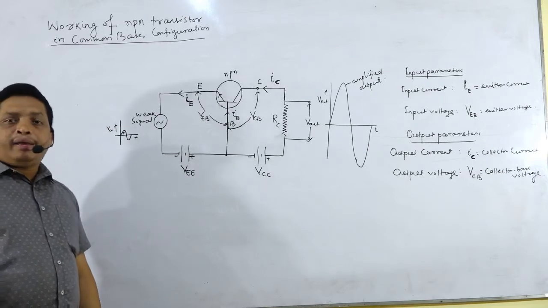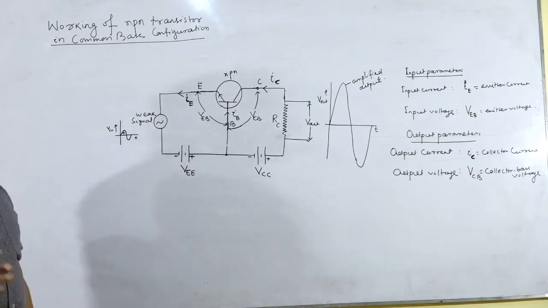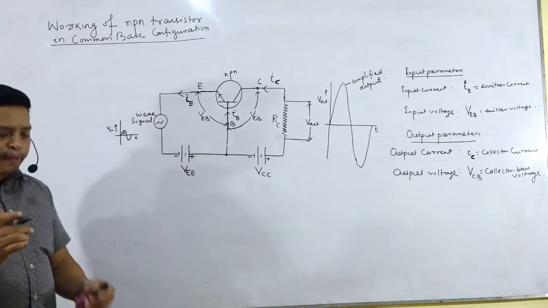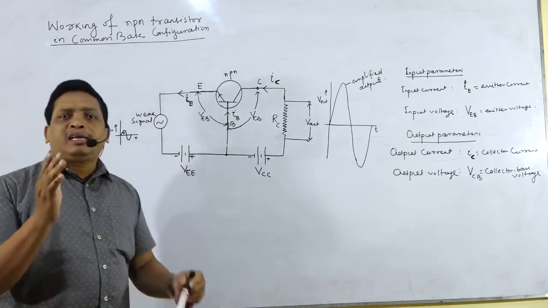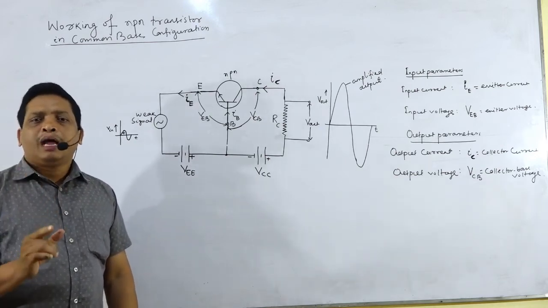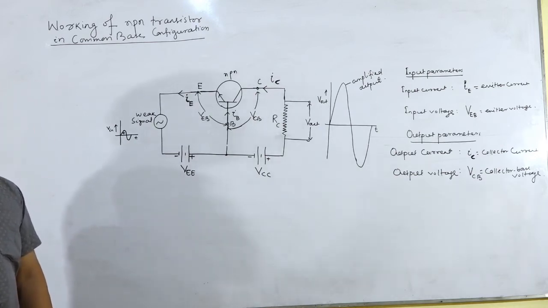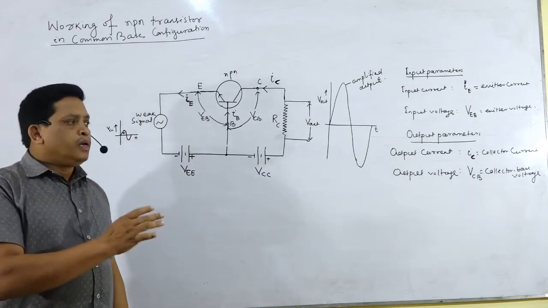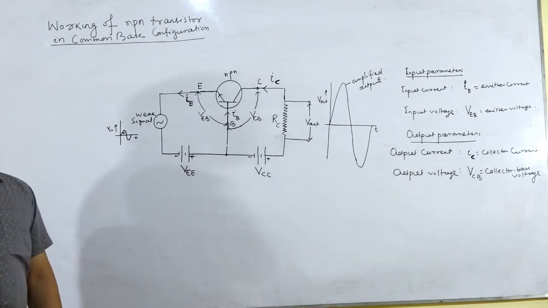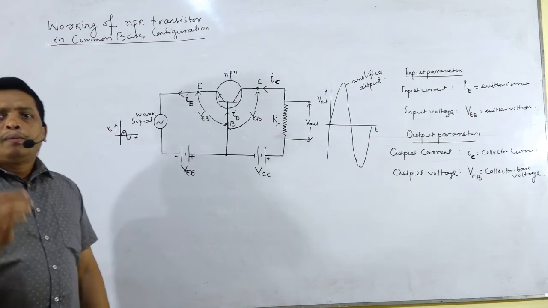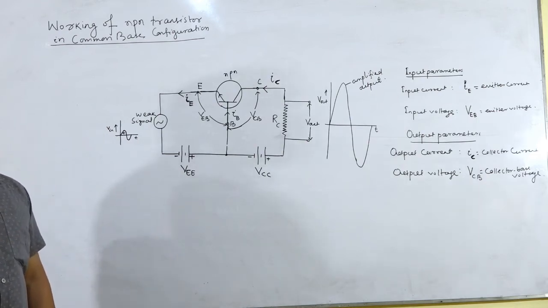Now we shall study the input characteristics and output characteristics. That is very important. Characteristic means graph, and what graph? VI graph, voltage versus current graph. So here we shall draw the voltage versus current graph for input as well as output.